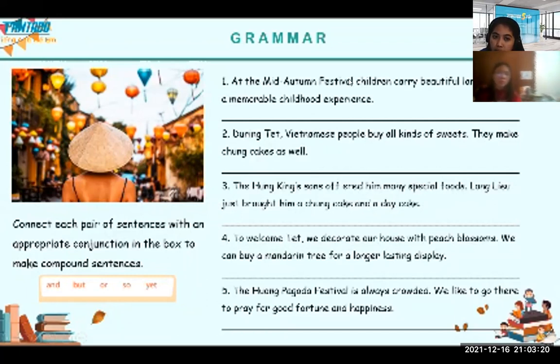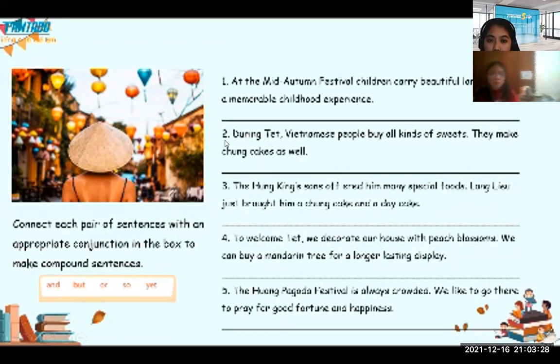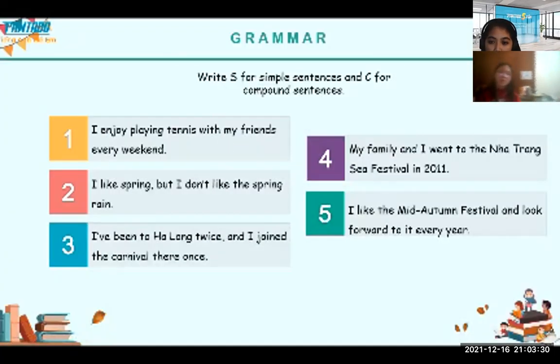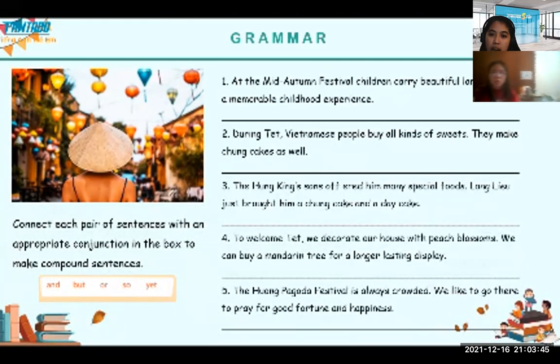Are we done with this? All right, so we are done. Last time we ended up in our grammar, where you write S for simple sentences and C for compound sentences. Now let's proceed to this slide.